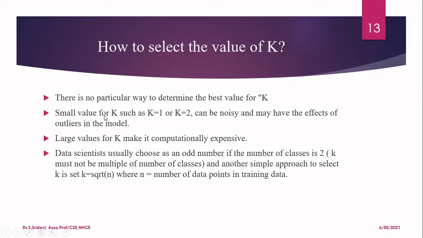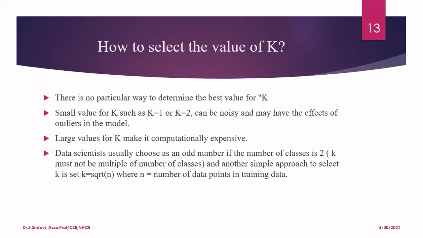So always don't go for a very small value of K. Can I choose a very large value of K? For example, if my data set has 20,000 records, can I select K as 1,000? That means that to come to a conclusion about one particular test instance, I have to consult 1,000 neighbors. In that case, what is the problem?